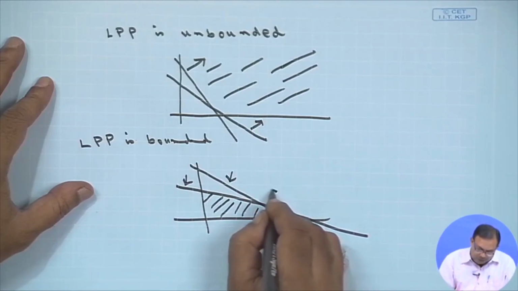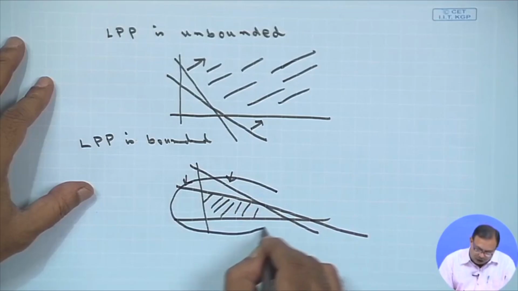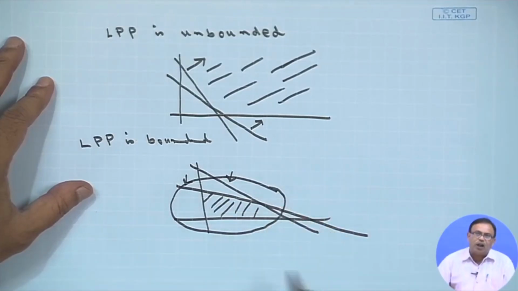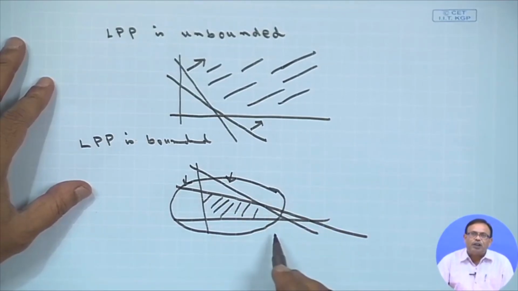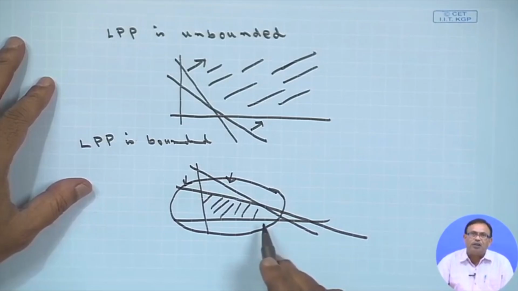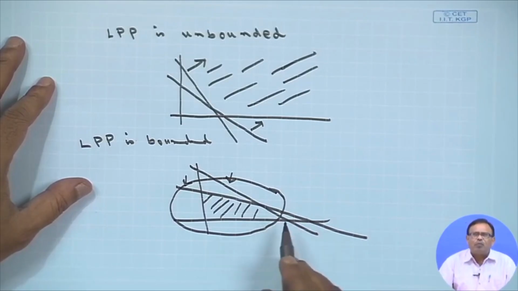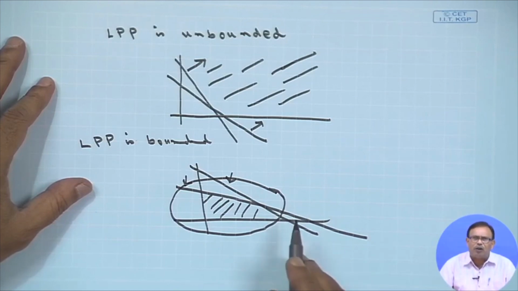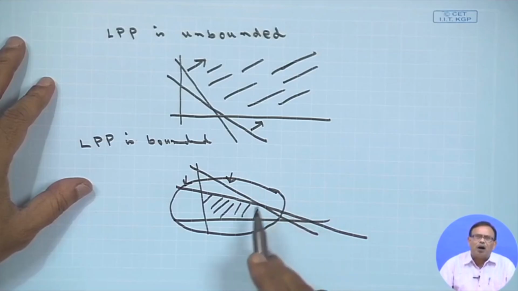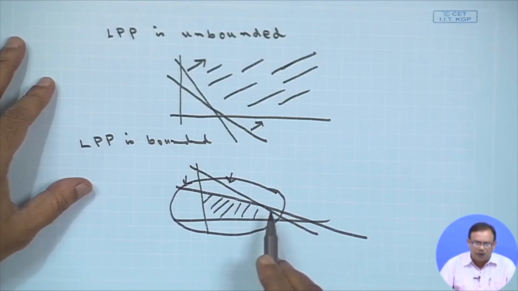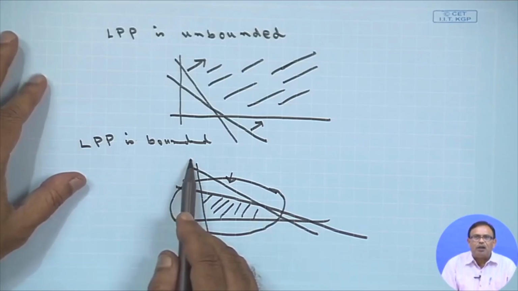If I can draw a circle in such a fashion that the feasible region lies inside the circle, the radius of the circle may be as large as possible, but if I can draw one circle of sufficiently large radius such that the feasible region lies inside it, then we say that the LPP is bounded.